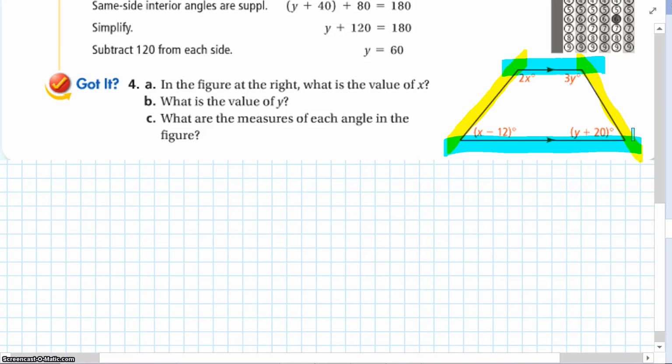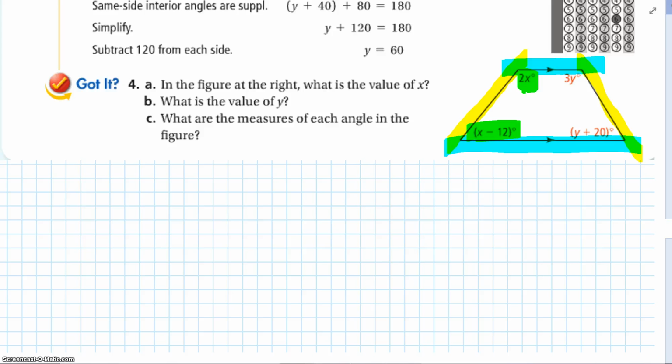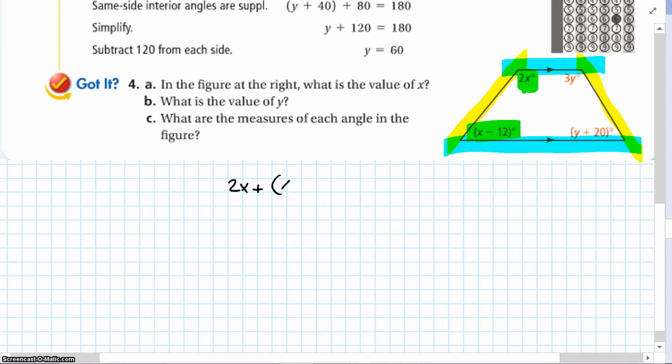So we know same side interior angles must be supplementary. So I can say 2x plus x minus 12 must equal 180.